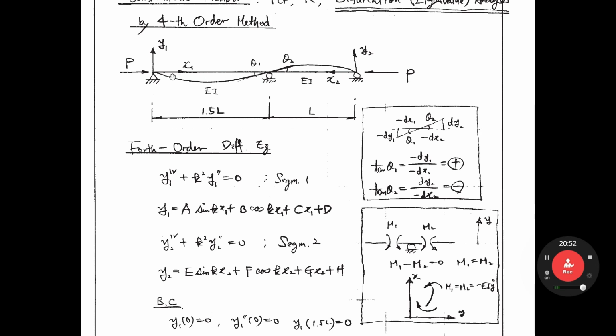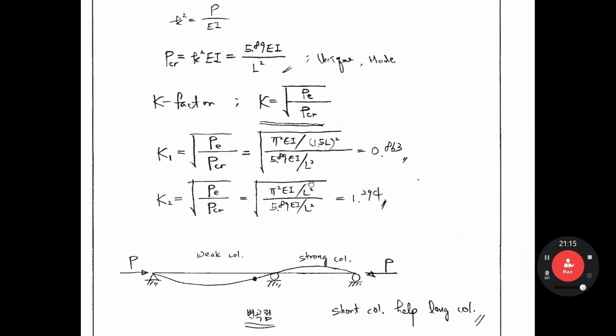You have a unique PCR, I mean the minimum critical load for this column, but the K factor exists too. Segment 1 has its own K factor, segment 2 has its own K factor. So you can calculate K1 for segment 1 equal to the square root of PE over PCR. PCR is a unique value. Okay.